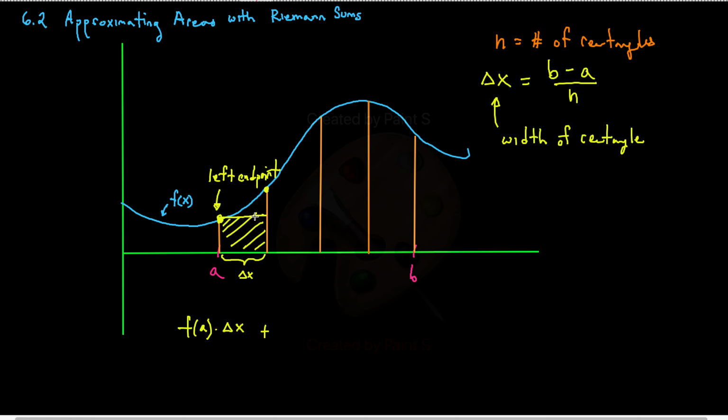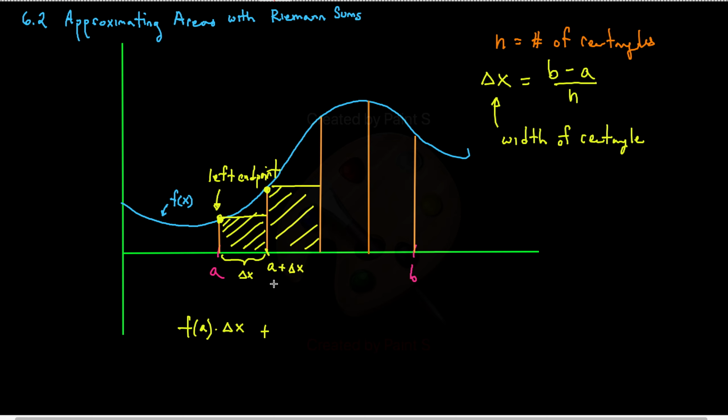So the right endpoint for this rectangle would be this point right here. But it's the left endpoint for the next rectangle that I take, which is this one right here. And now this value right here is just A plus delta x.